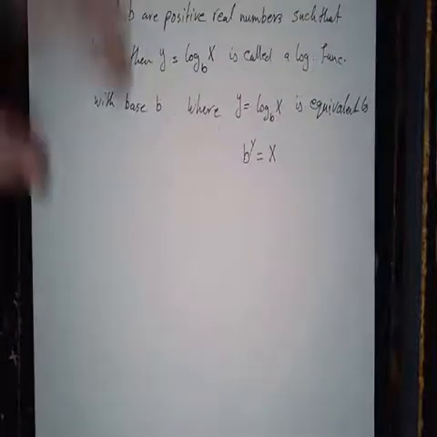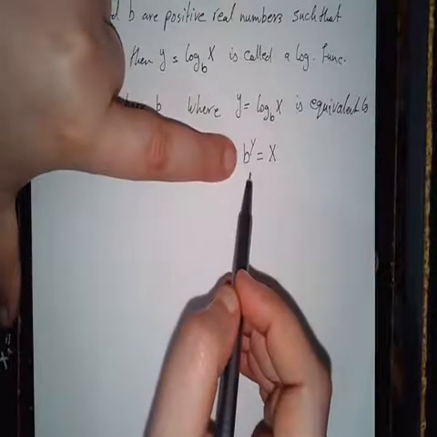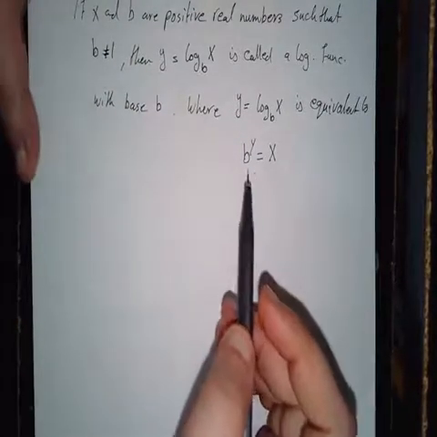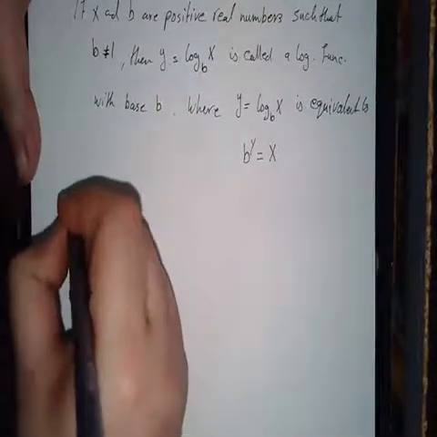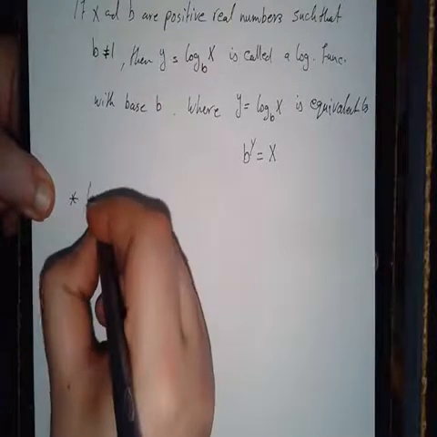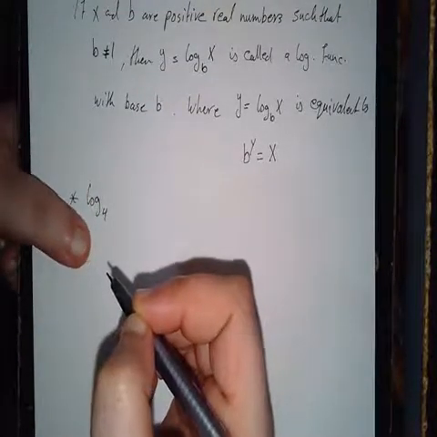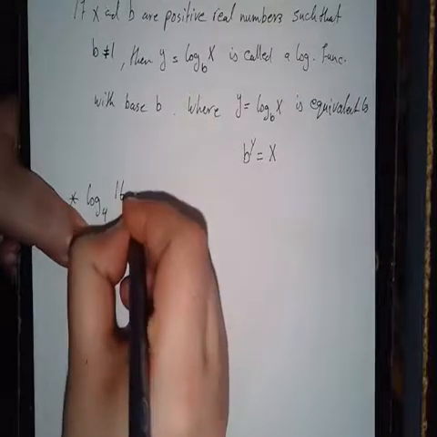I'm going to give you a few log forms, and I want you to write them in exponential form. We're going to do this together. Here we go. First example. Let's say we have log base 4 of 16 and it equals 2.